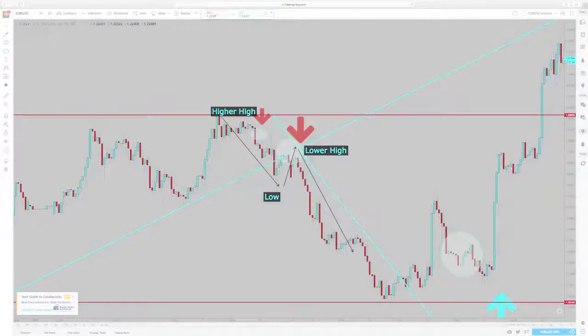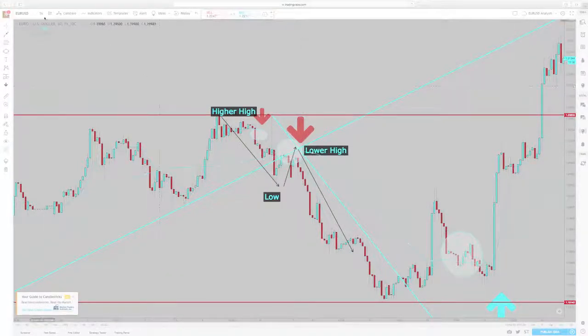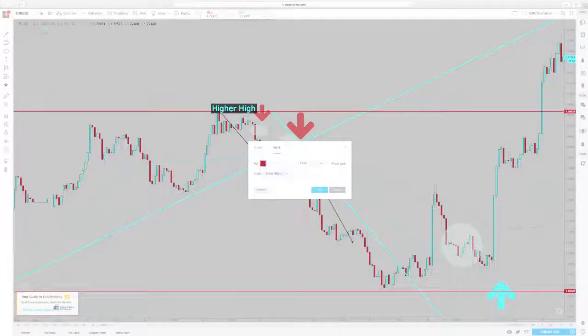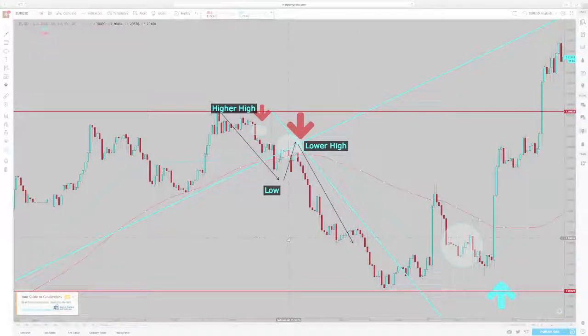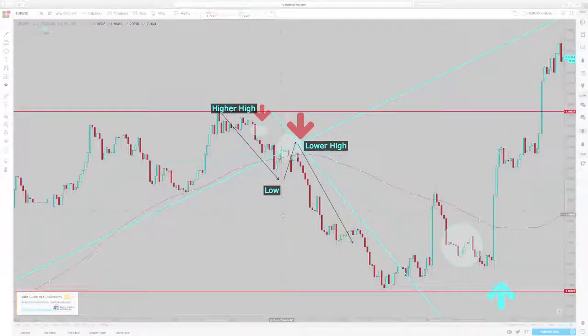Okay, so let's do the same thing. The 50 is going to be the bullish color. The 100 is going to be the red once again. Actually, I don't like that red.